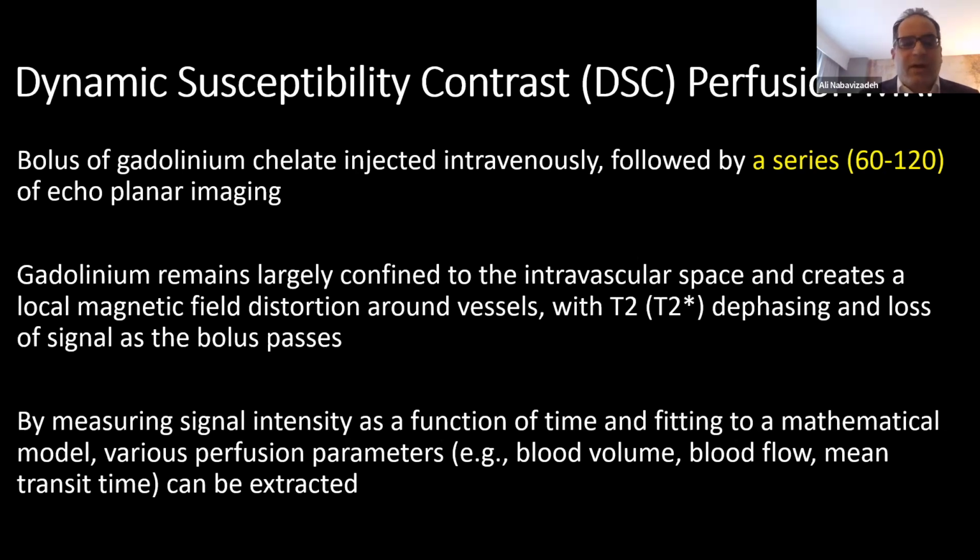And because it's confined to the intravascular space, it basically causes loss of signal because of dephasing, magnetic inhomogeneity and signal drop. And then by measuring the signal intensity as a function of time and fitting it into a mathematical model, we can measure various perfusion parameters of blood flow, blood volume, mean transit time.